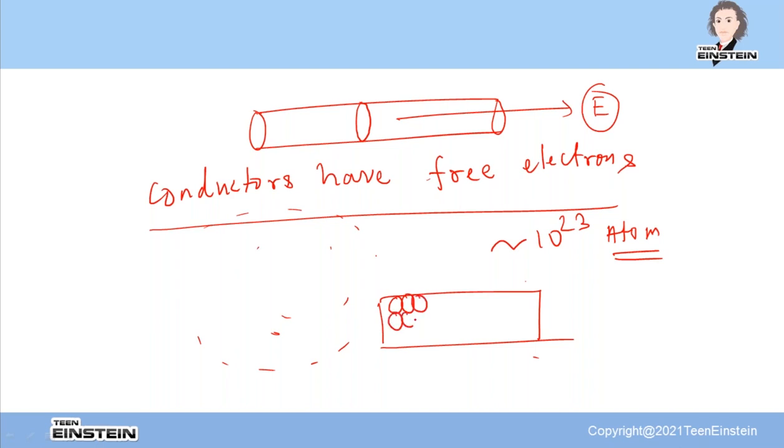I said an individual atom can be thought of as a positive ion core and one valence electron in the outer orbit. But when they are individually situated, or isolated atoms, this is the situation. When all the atoms come closer to each other, then what happens?